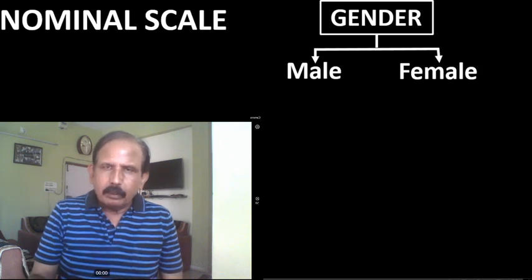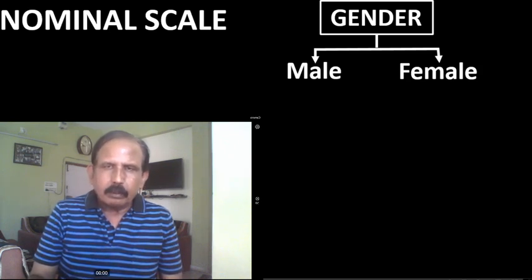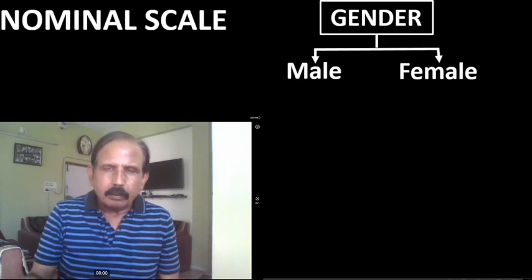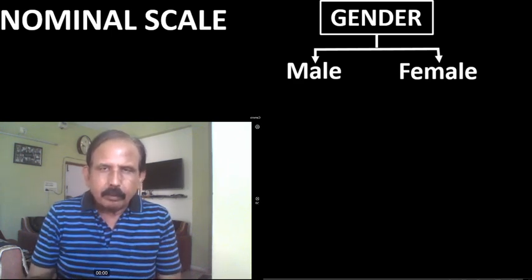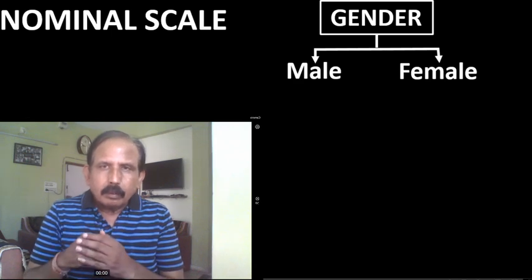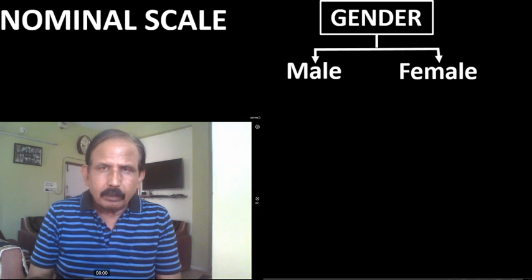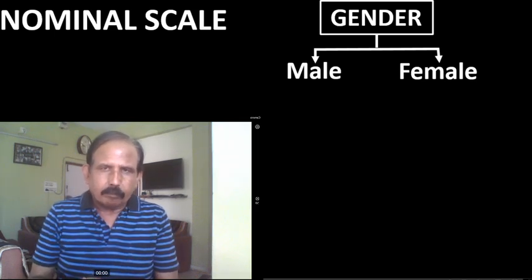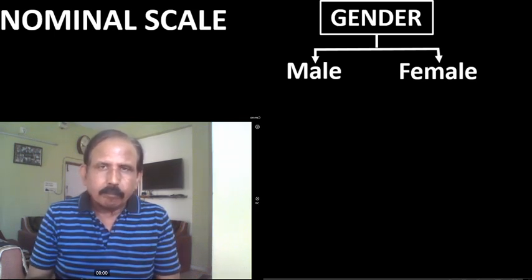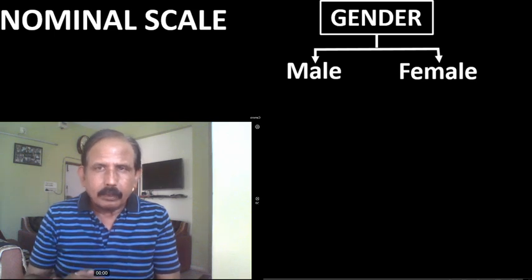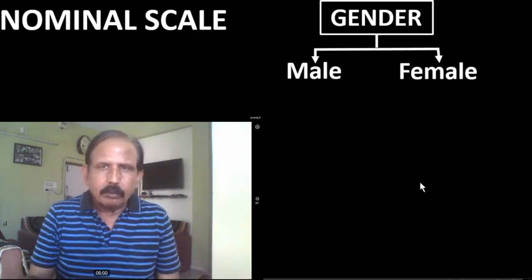In terms of mutually exclusive categories, at the same time, any one subject can be placed in one and only one category. In this way, these two categories are mutually exclusive.